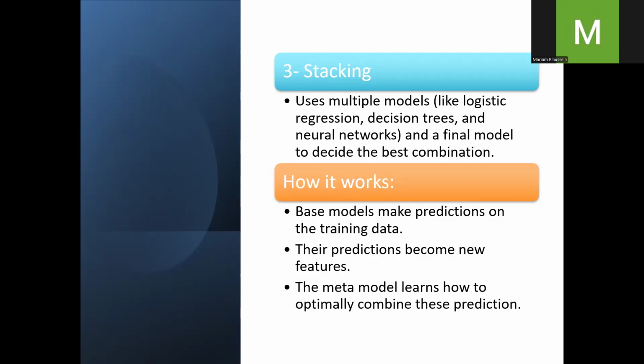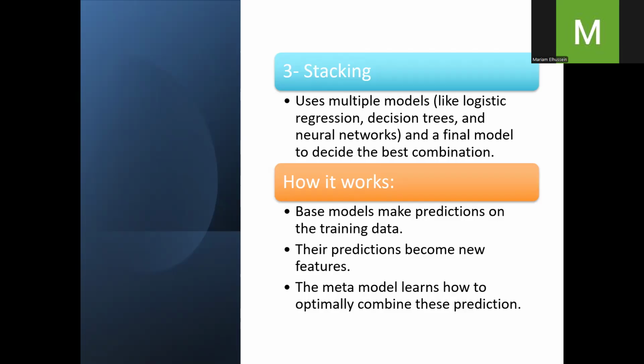Okay, so you have three models: logistic regression, decision tree, and neural network, or decision tree and SVM. You have these three models, and you train them, and each one of them will produce their results, and this will be added to your list of features.